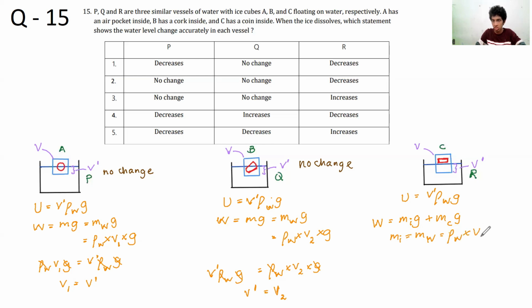So let's take that as V3. So we can write W equals rho W V3 into G plus the mass of the coin into G.